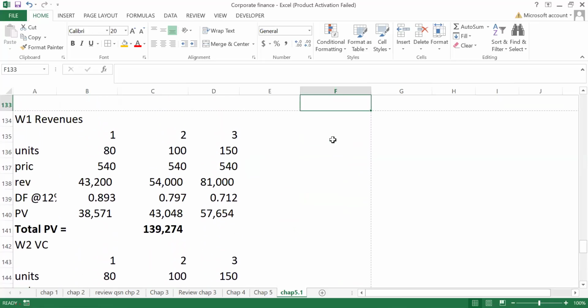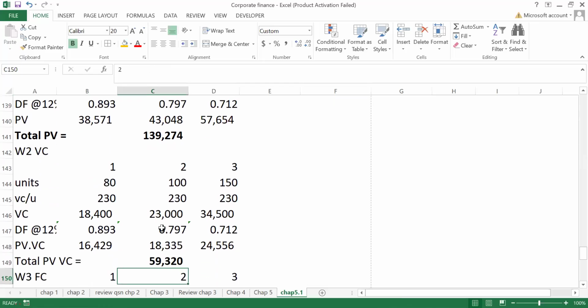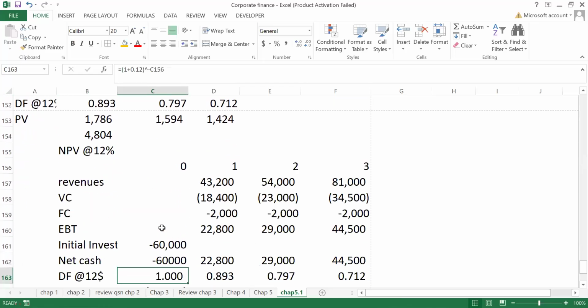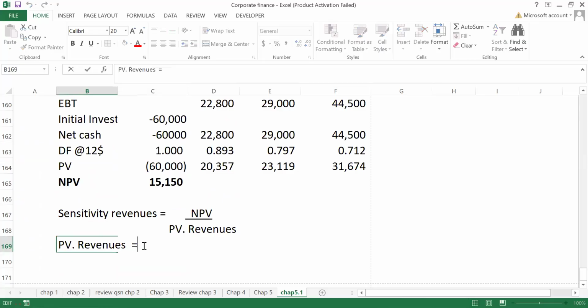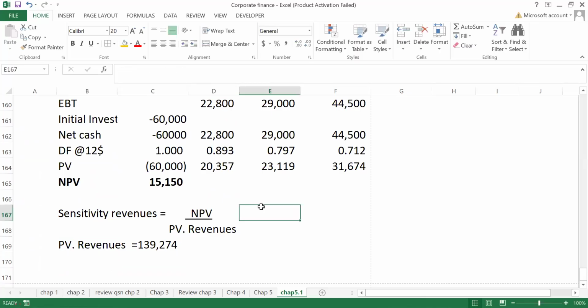It is 139,274, isn't it? Can you substitute now in the formula here?